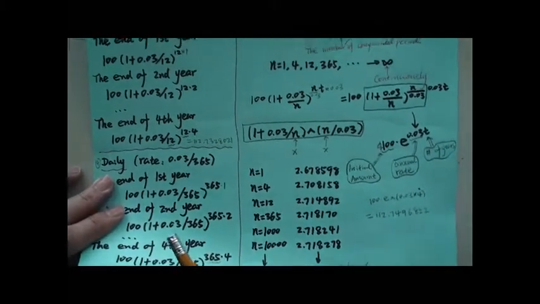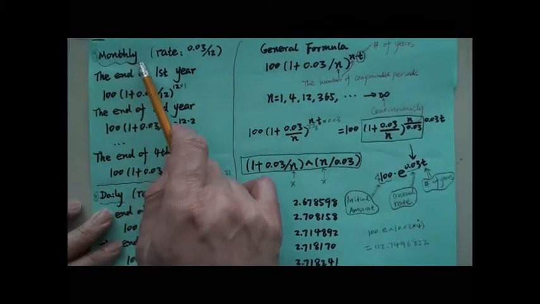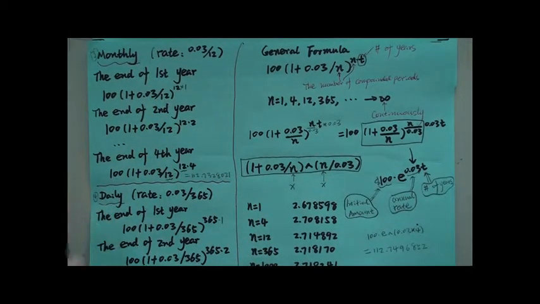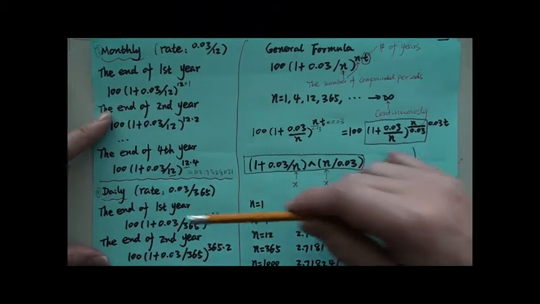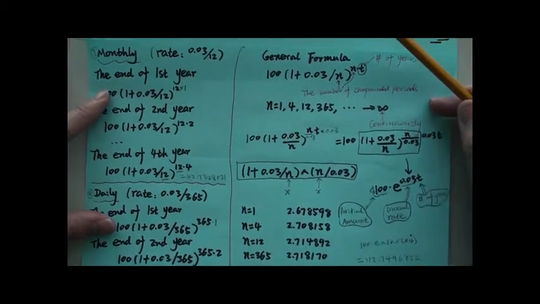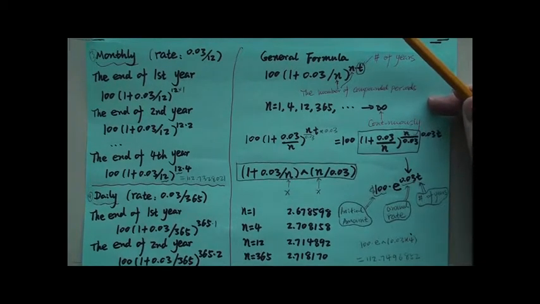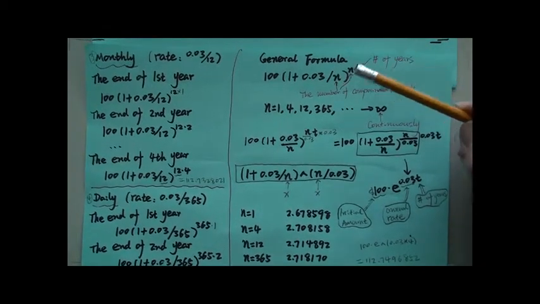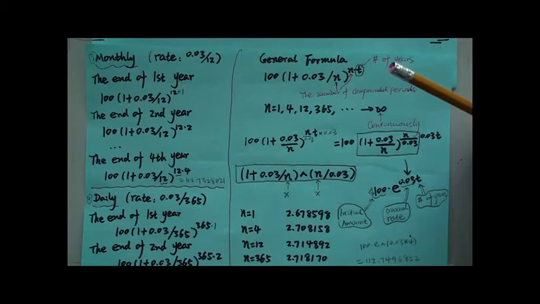Not much better, but better than monthly. And monthly is better than quarterly, and quarterly is better than annually. Here we did daily. You may think about every half day, every hour, every second, and go as small as you want.